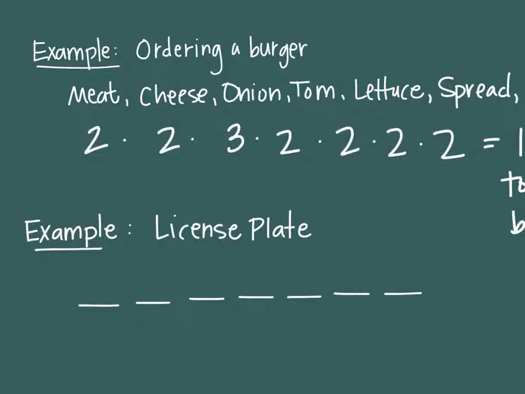Now, there could be custom license plates, but your standard license plate in California starts with a number. So it's going to be a number here. That's not a hashtag, it's the number symbol. And then a letter, and then another letter, and another letter, and then 3 more numbers.